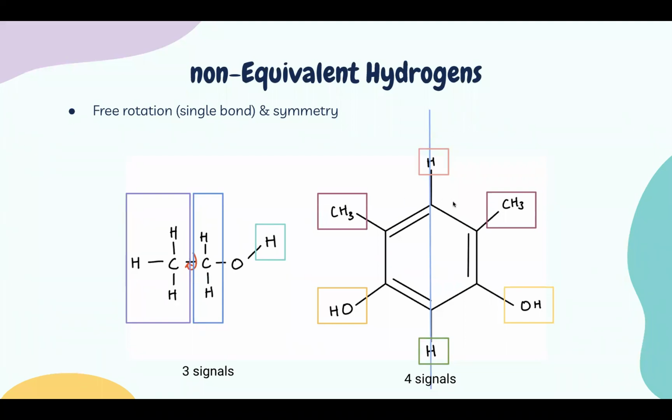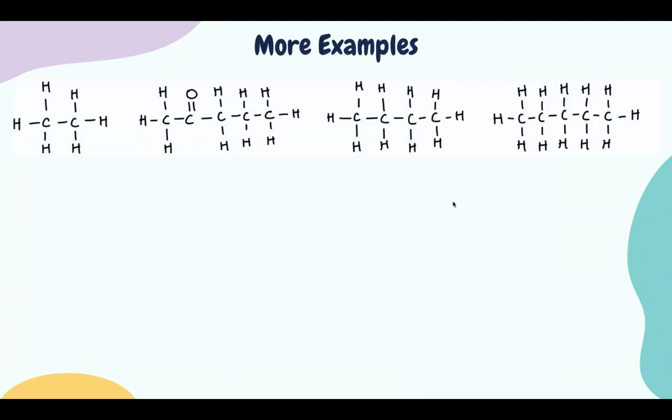So I have some more examples here. Could anyone tell me how many signals each structure generates and also box the groups of hydrogens in different environments using the annotate feature? Yeah, so let's go back to the previous slide.